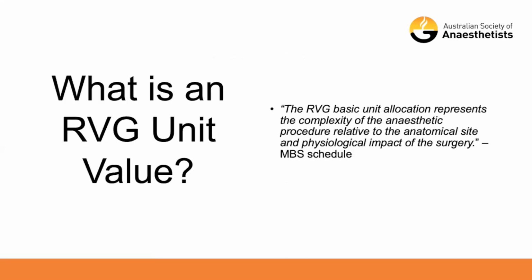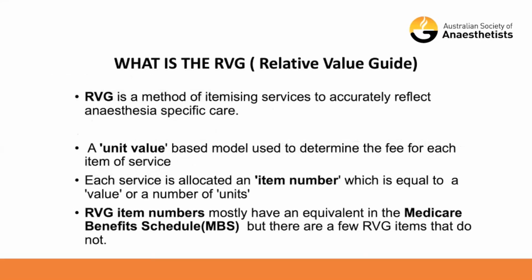So what is an RVG unit value? Just a quote from the MBS schedule: the RVG basic unit allocation represents the complexity of the anaesthetic procedure relative to the anatomic site, physiological impact of the surgery. So the RVG is basically a method of itemising services to accurately reflect anaesthesia-specific care.